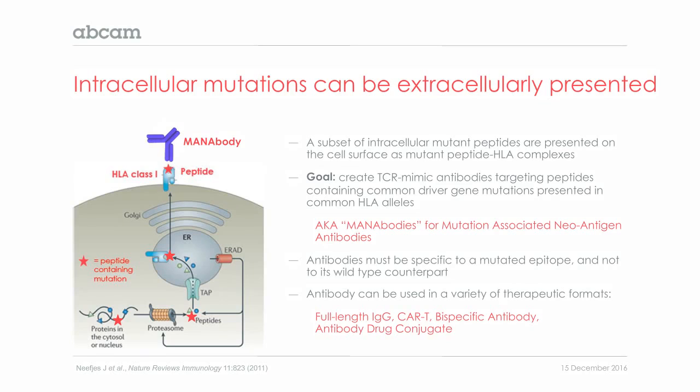Full-length IgG antibodies work either via antibody-dependent cellular cytotoxicity called ADCC or complement-dependent cytotoxicity called CDC. And these are both fairly sensitive, but they're not necessarily the most sensitive therapeutic formats. And so we're also looking at converting our antibodies into CAR T cells, bispecific antibodies, and antibody drug conjugates.